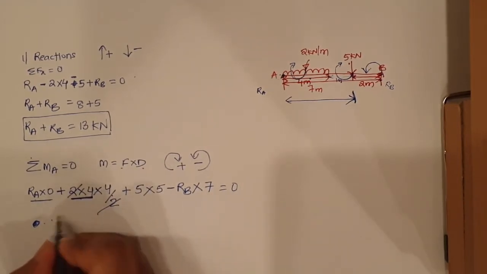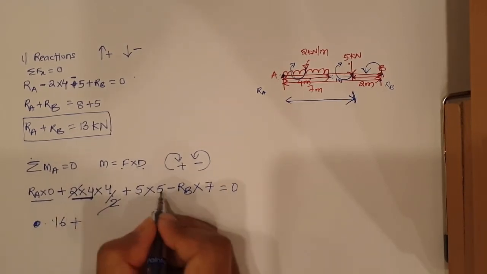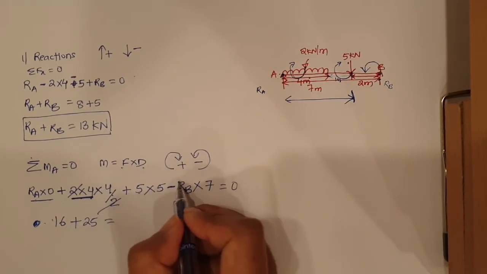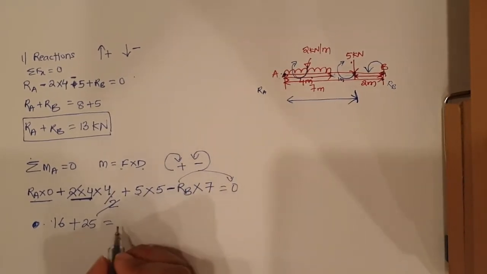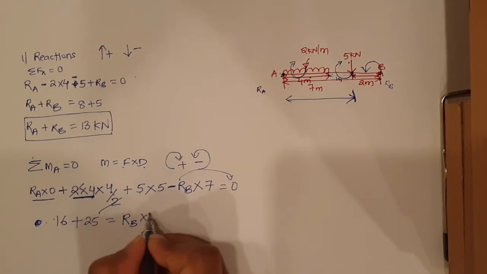So we have here 4 into 4 is 16 plus 5 is 25 equals to, now I'm sending this minus to the right hand side, so it will be plus RB into 7.